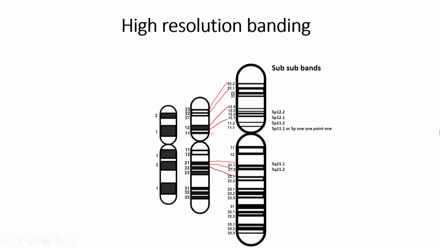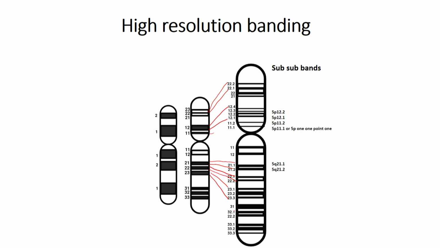So here, as I was saying, band 22 has 2 more bands, so it is 22.1 and 22.2. Same way, 23 has 3 bands, this to this. So this is 23.1, 23.2, 23.3, like that.